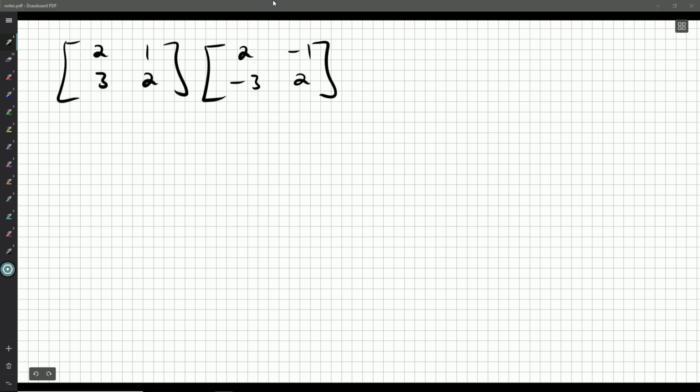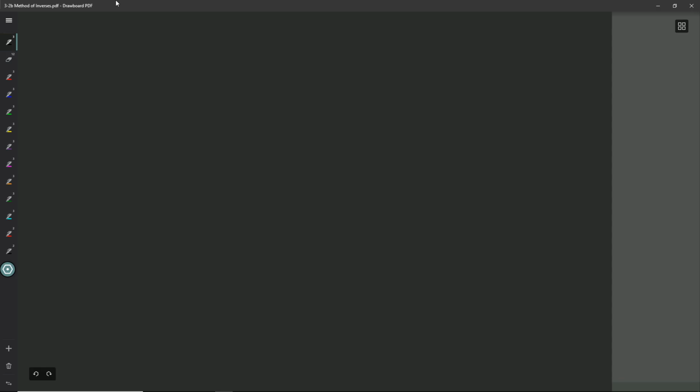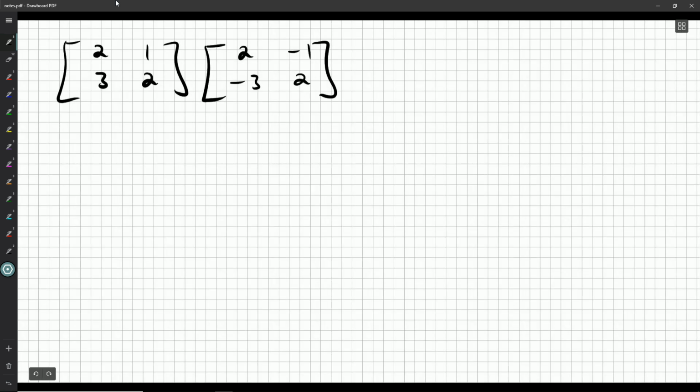So let's take our two matrices, [2, 1; 3, 2], and what was it? [2, -1; -3, 2]? I think that was it. Yes. So let's multiply them together. And we know how to multiply matrices, so it shouldn't be too bad for us.